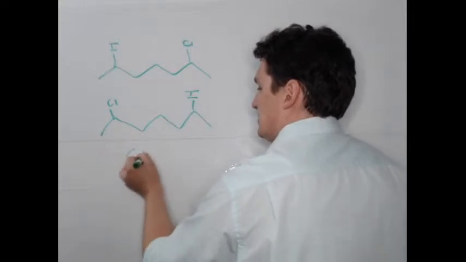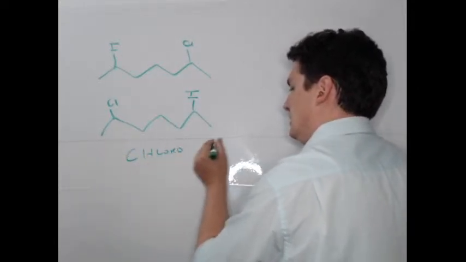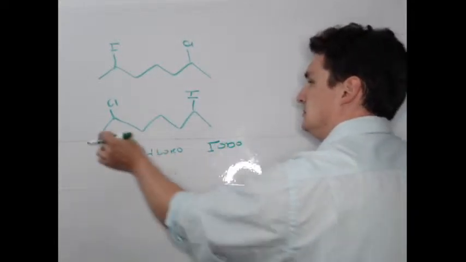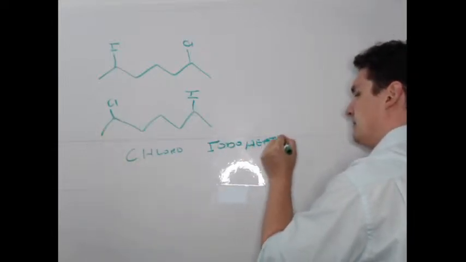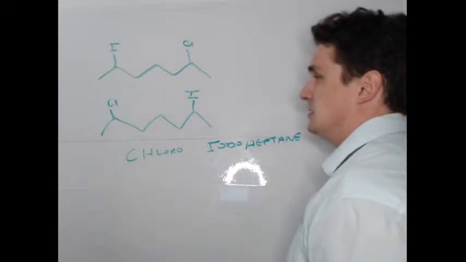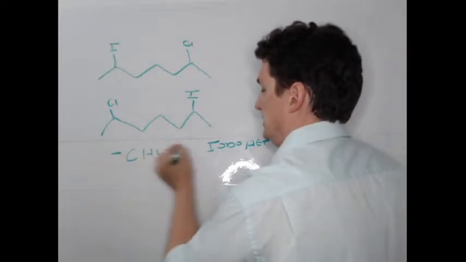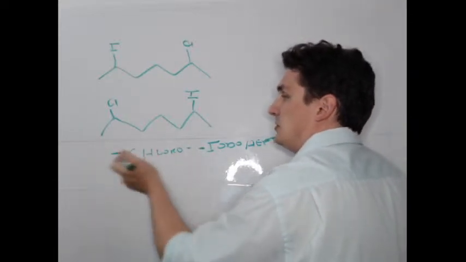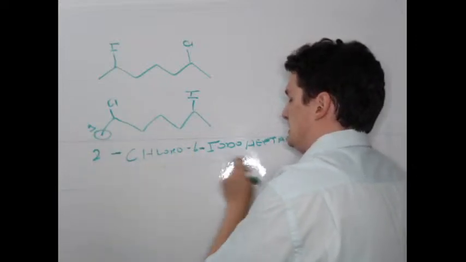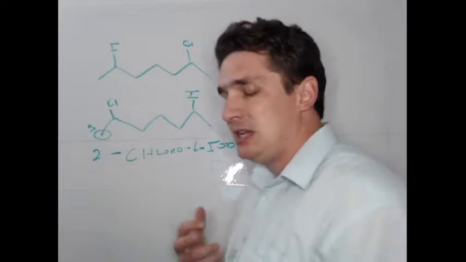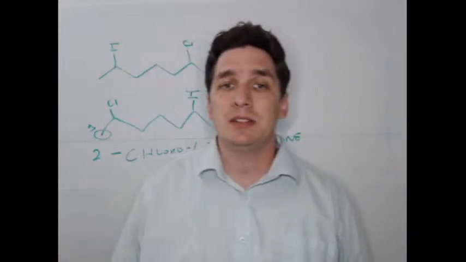So you would name this as chloro, iodo, 1, 2, 3, 4, 5, 6, 7, heptane. So I would personally say it's going to be by the name. So you know the chloro comes first, so this ends up being the first. So this is 2-chloro, 6-iodoheptane.